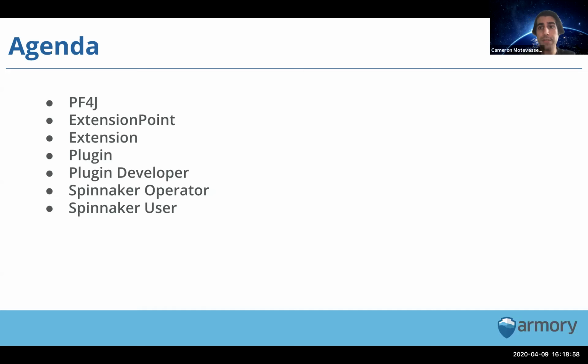PF4J provides a lot of nice things around plugins, and some of those things include isolated class path loading so that your plugin can have different dependencies than another plugin, and extension points in PF4J are a huge help in that regard.